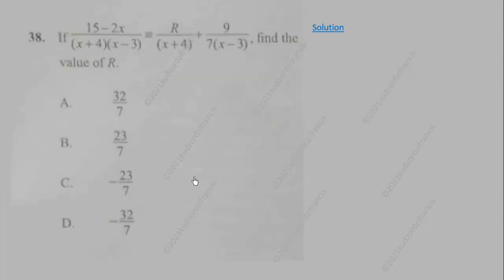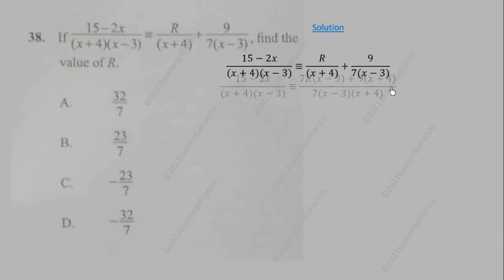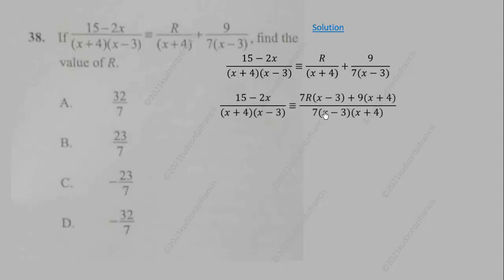Okay, so number 38, we have this on partial fractions. If (50 − 2x)/((x + 4)(x − 2)) is equal to r/(x + 4) + 9/(7(x − 3)), find the value of r. So this is what we're given. Now what do we need to do? We need to collect the LCM on the right hand side, and that will give us this.